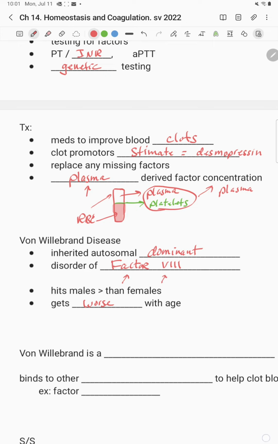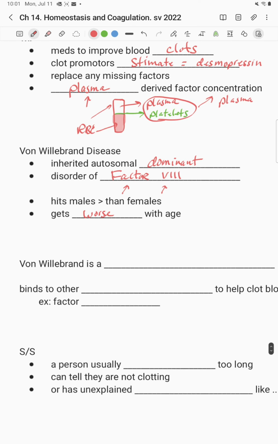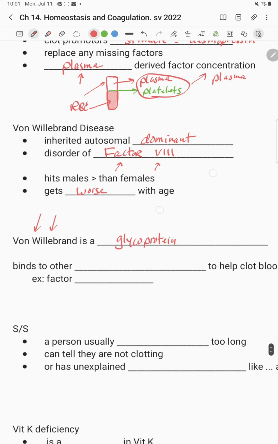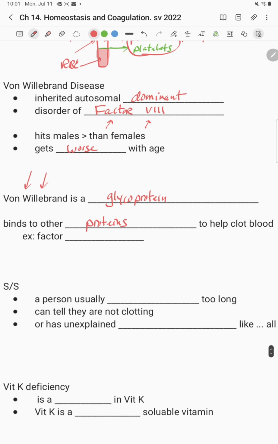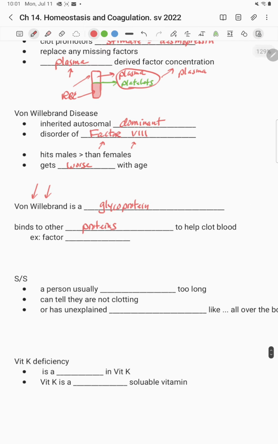Factor 8 is one of those ingredients that is necessary for clotting blood. Von Willebrand is a glycoprotein. It's named after the person that founded it, so von Willebrand. It binds to other proteins to help clot blood. An example is that factor 8.